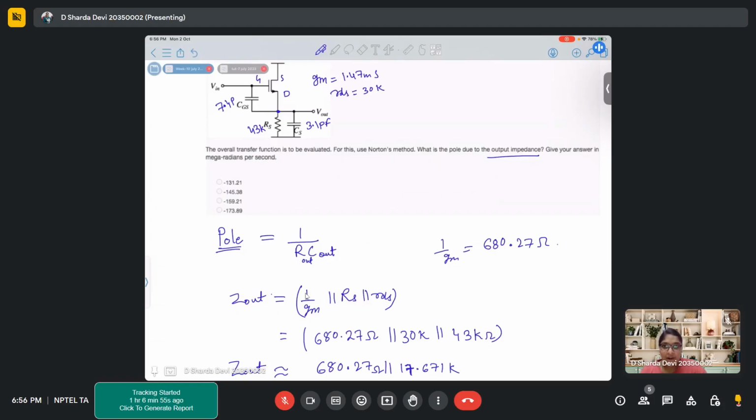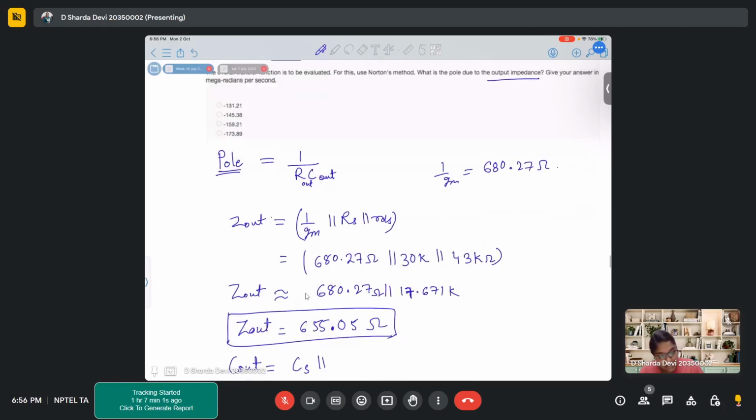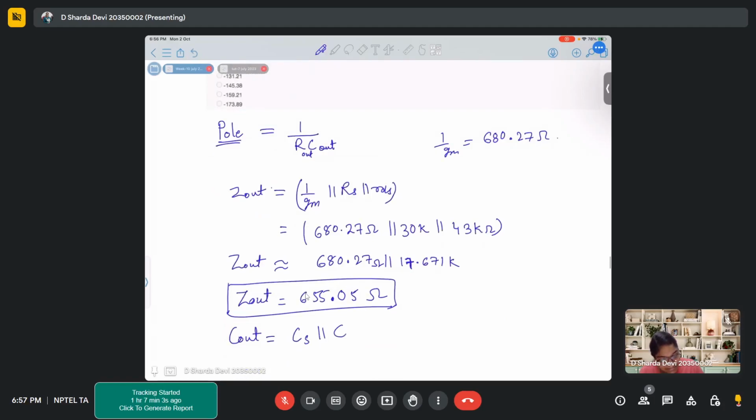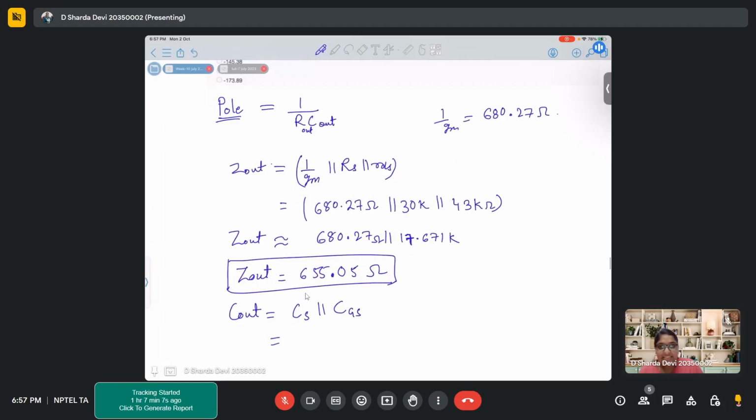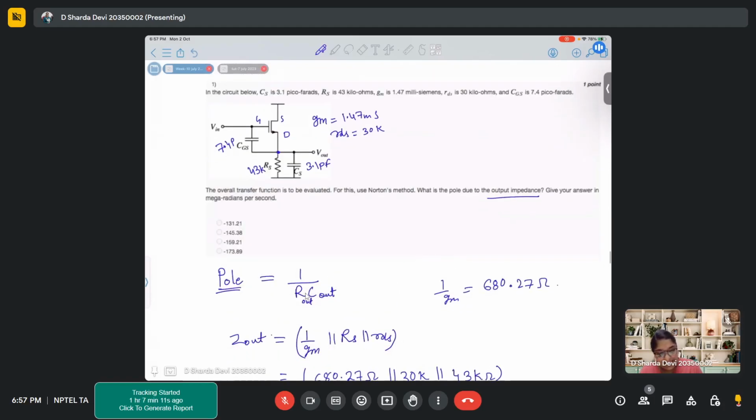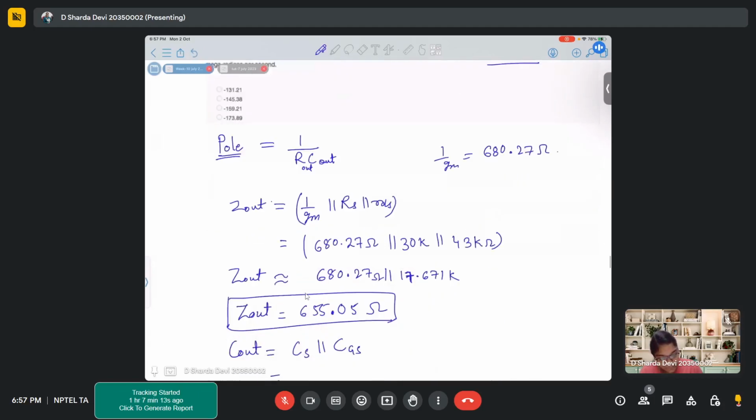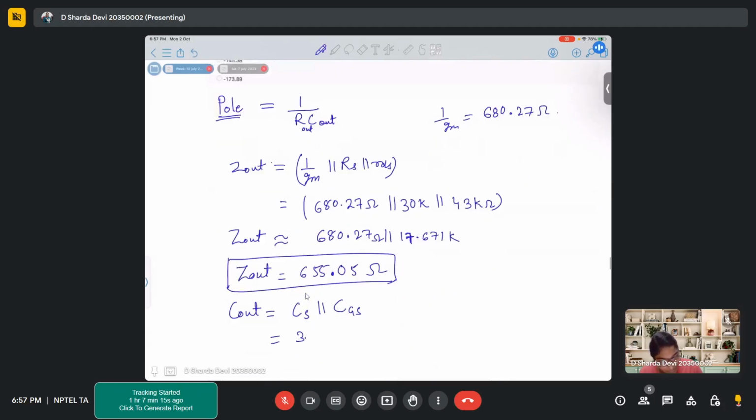So at the output, the value of capacitance becomes CGS times only single CGS. So it is CS parallel CGS. In capacitance, parallel combination means addition. So we'll simply add 3.1 plus 7.4. So that is 10.5 picofarad, the C out.